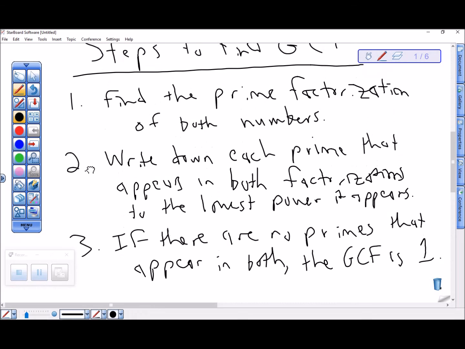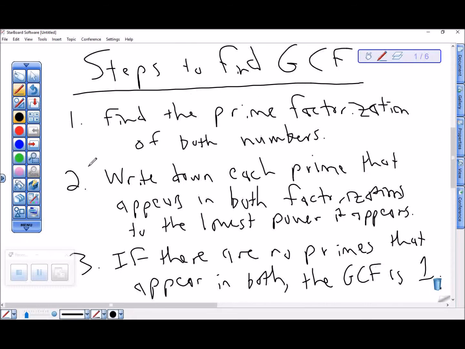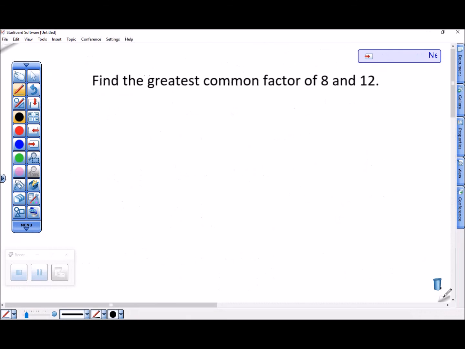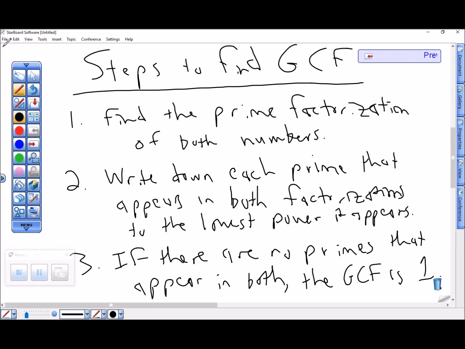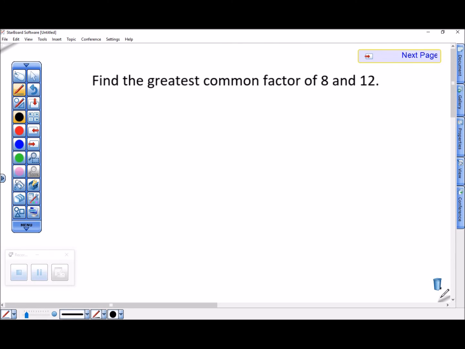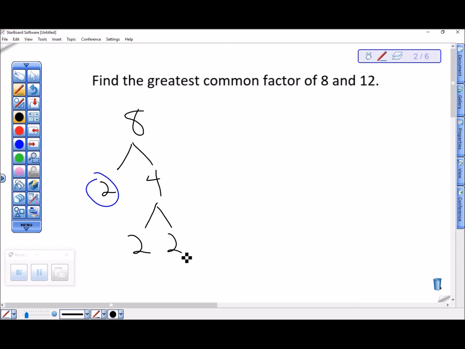Okay, so let's do just an example, and let's actually do the example that I gave above. Let's find the greatest common factor of 8 and 12. So step 1, find the prime factorizations of both numbers. So let's start with 8. 8 is 2 times 4, going back to that factor tree idea. 4 is 2 times 2.